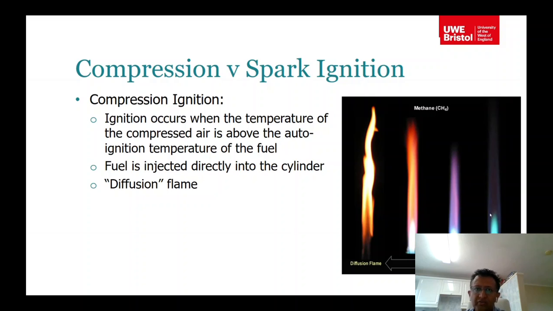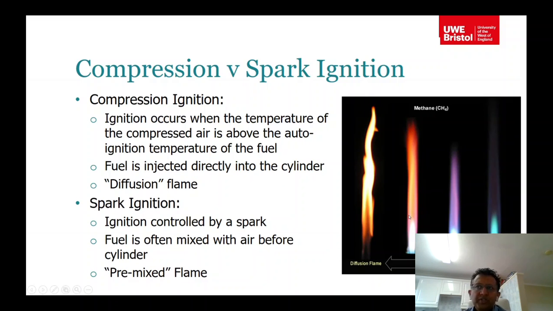But in a diffusion flame, you have an airstream on one side, and fuel stream is going into the air, and the combustion front or the flame front is at the boundary of the fuel spray and the air. So premixed combustion, you can consider that to be slightly cleaner sometimes.